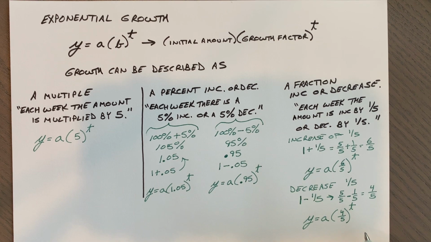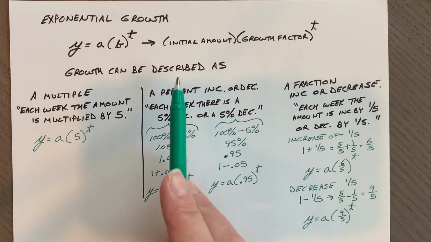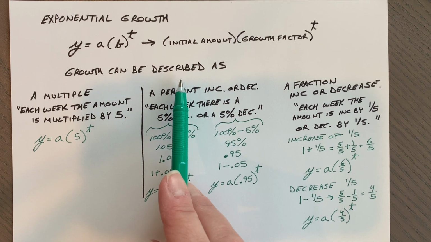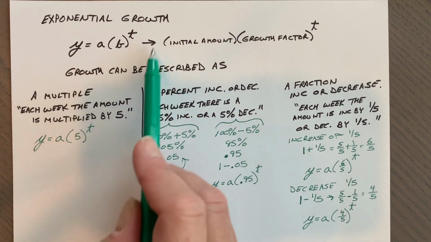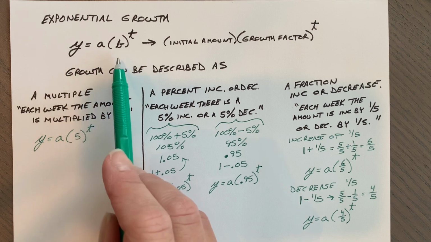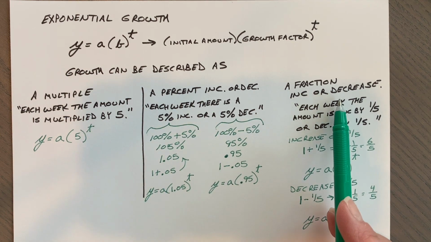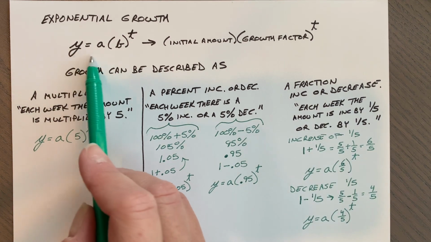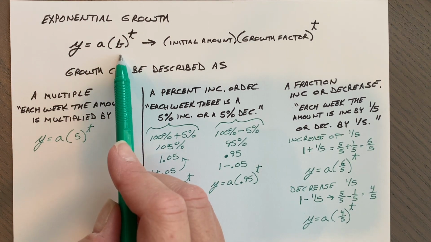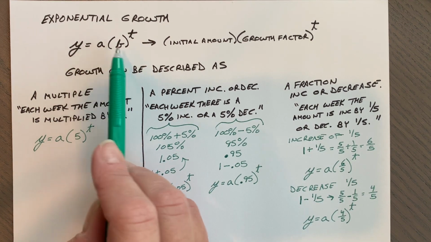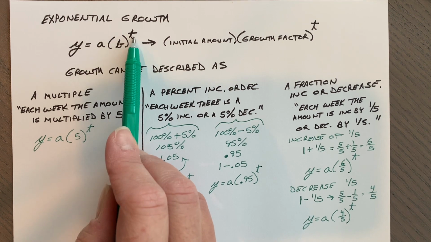So here are 3 examples of different ways that the growth factor might be described to you. Remember, anytime we have exponential growth, whether a plain multiple, percent increase or decrease, or fraction increase or decrease, we are going to be using this general formula: our initial amount times the growth factor raised to t.